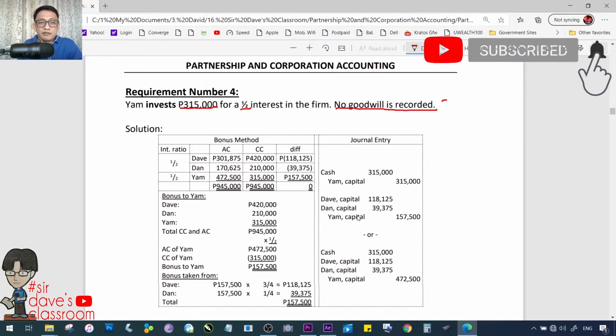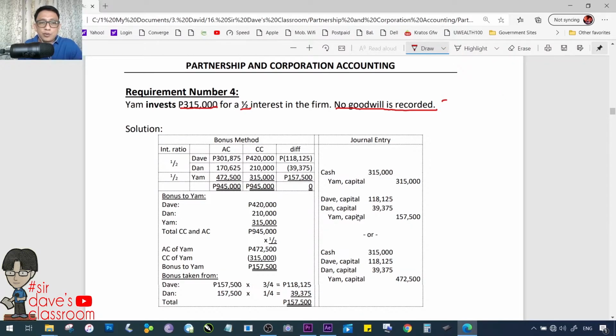So knowing the investment of partner Yam, incoming partner Yam, and ang sabi 1/2, so kung 1/2 siya, necessarily 1/2 din yung sa iba. Yung combined Dave at Dan ay 1/2. Kung 315 ang bigay niya dahil given na sa problem, 420 and 210 naman yung dalawa, then 945 ang total. Given that there is no goodwill, necessarily 0 ito.